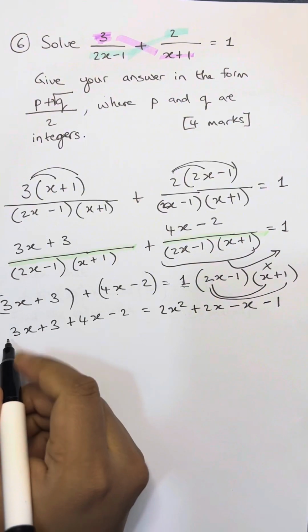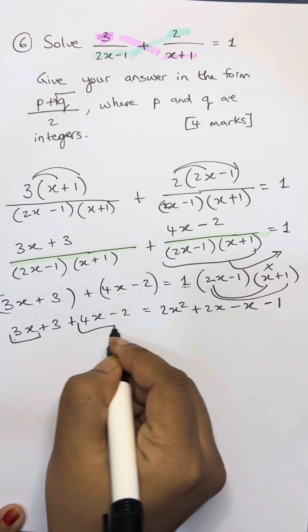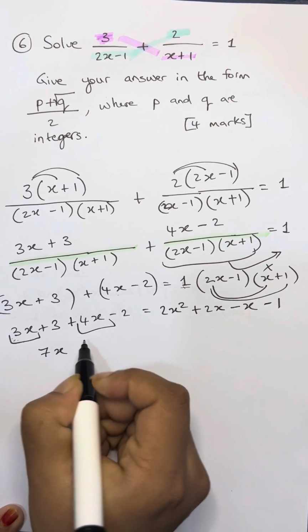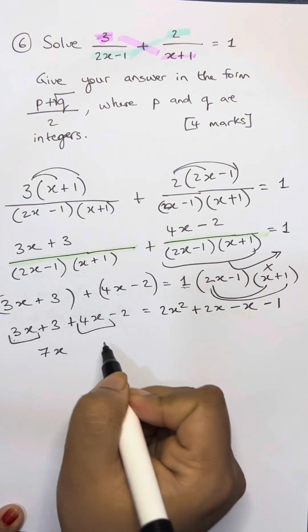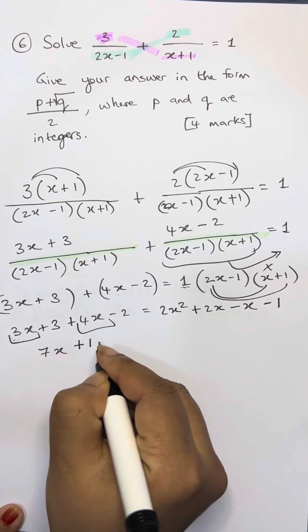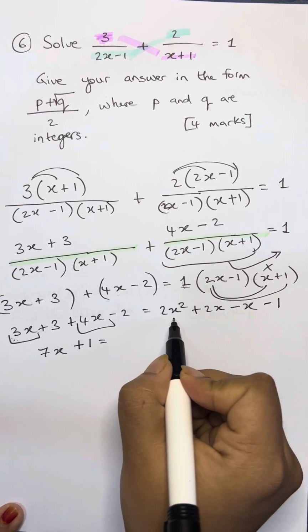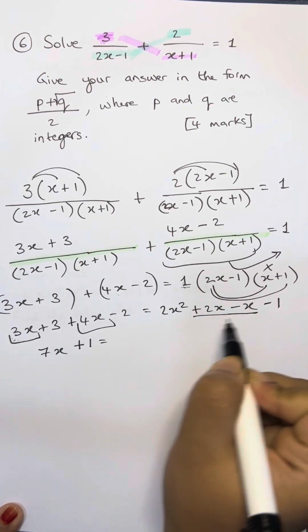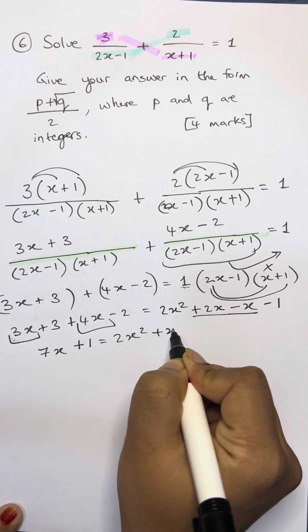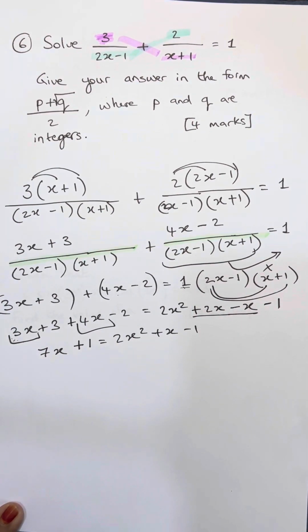So let's collect all the like terms together, which is 3x plus 4x, which is going to give me 7x, and then plus 3 minus 2, that's going to give me plus 1 equals 2x, again here, all the like terms again, so 2x squared plus x minus 1, yeah?